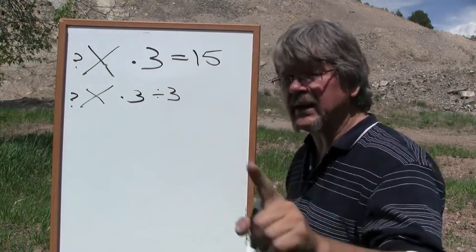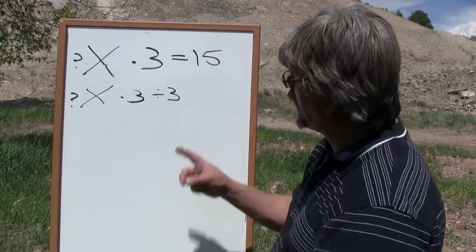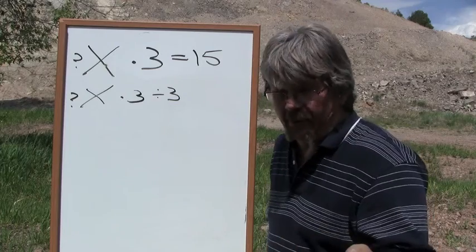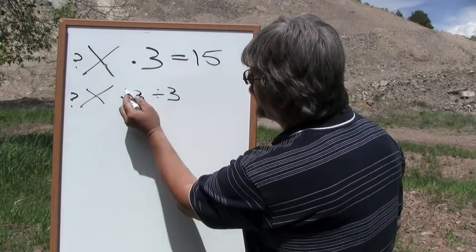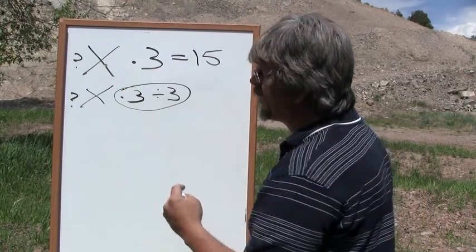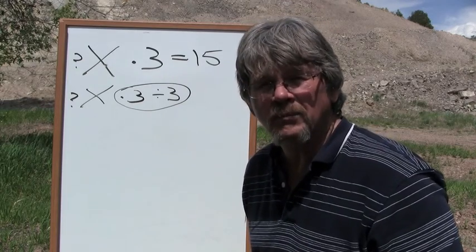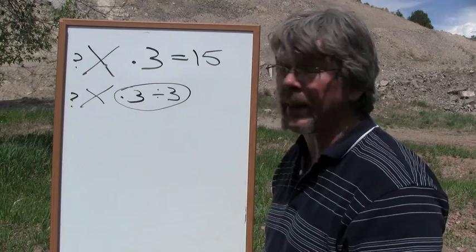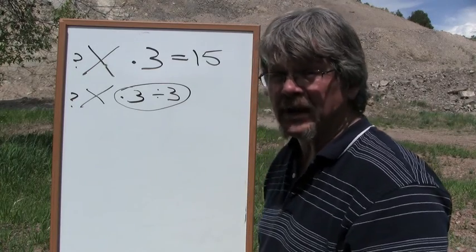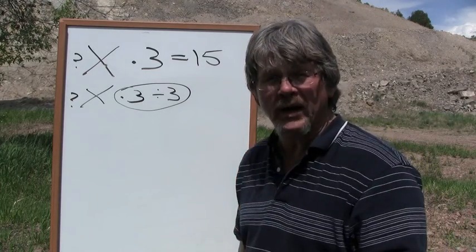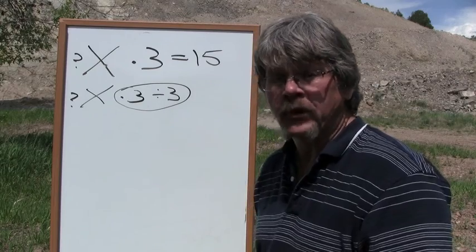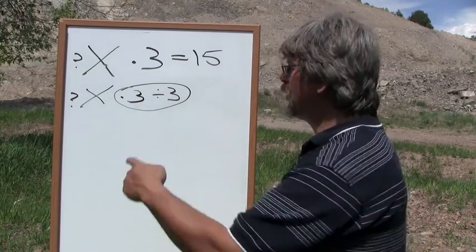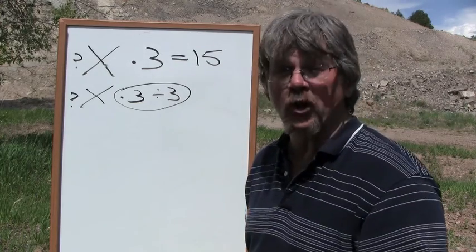You divide by the same number that was multiplied to it, because we want this to equal 1. Anything multiplied by 1 is just that number. With addition, we want it to come to 0. In multiplication, we want it to go to 1.